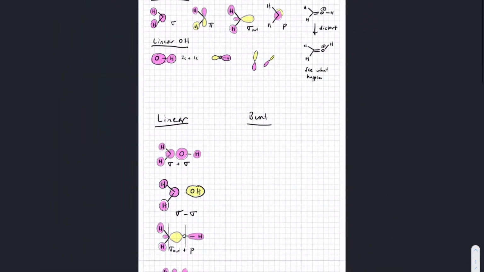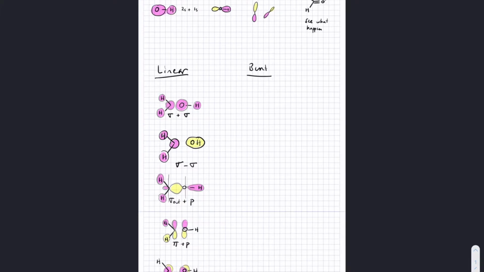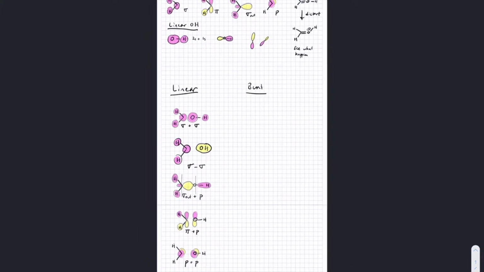And then we can combine the pi CH3 with the p orbital that lines up in the appropriate direction, and then the p orbital on CH2 with the corresponding p orbital on oxygen, and that's our pi bond.